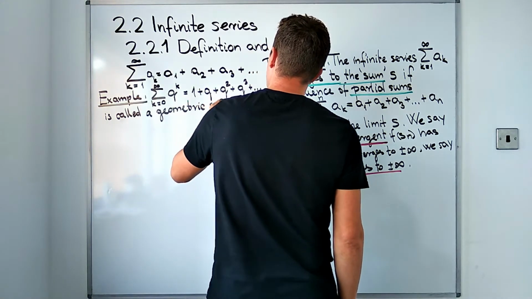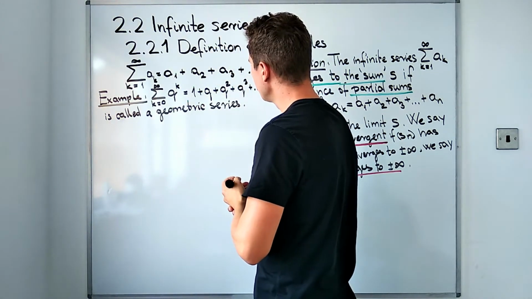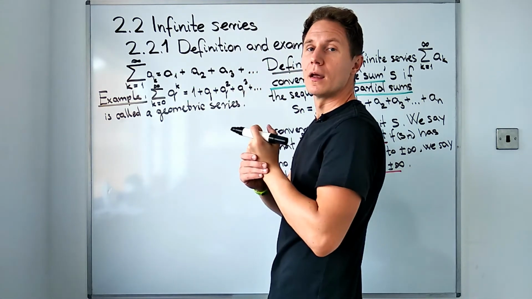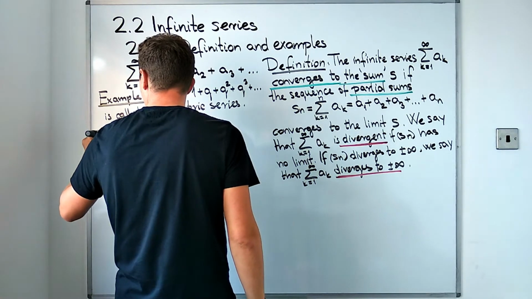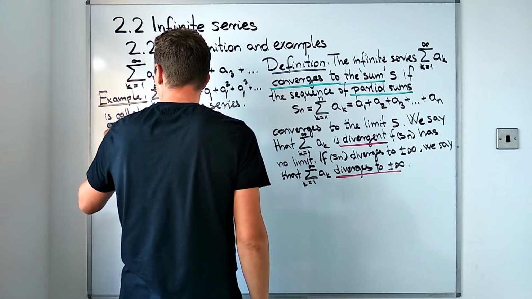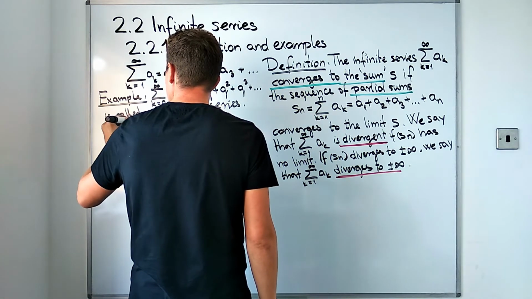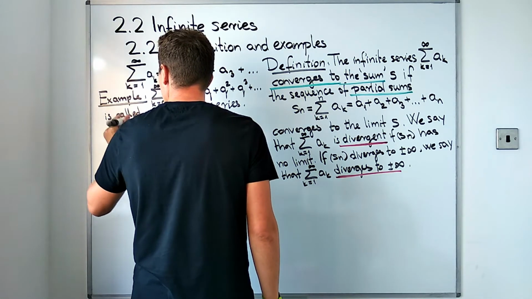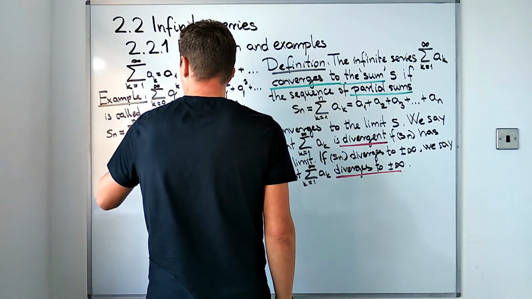And you might remember from an earlier video, way back when we did proof by induction, we looked at the following sum, which is exactly the nth partial sum of this geometric series, going from 0 to n of q to the power k.